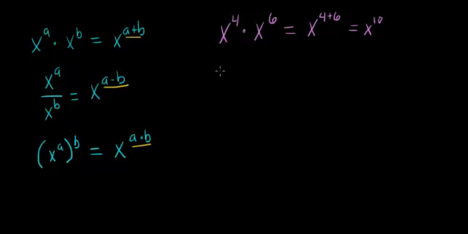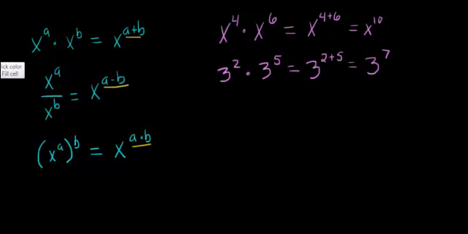Likewise, if I had 3 squared times 3 to the 5th, that gives me 3 to the 2 plus 5, which gives me 3 to the 7th.